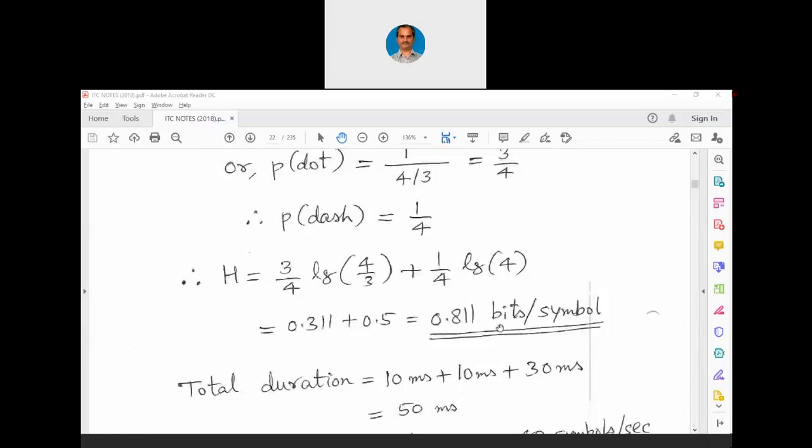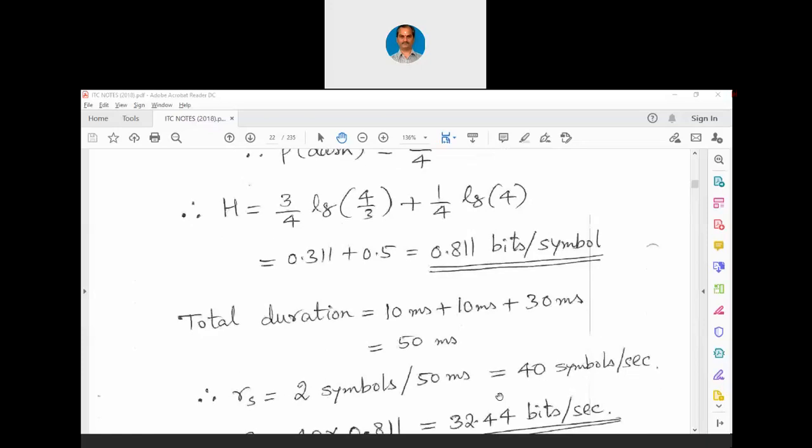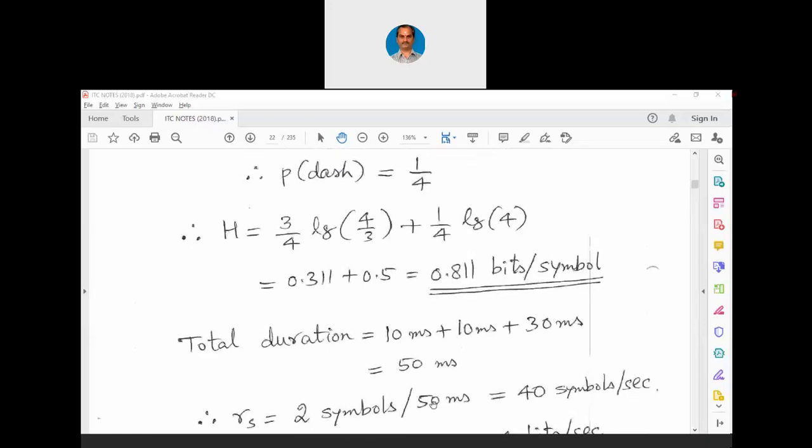So now 10 milli plus 10 milli plus 30 milli, totally 50 milliseconds for a given symbol or a given character, we should say. So now Rs is 2 symbols per 50 milliseconds. So the total duration is 50 milliseconds, where we are emitting dot and dash only. So Rs is 2 symbols per 50 milliseconds, assuming that between the characters there are no gaps. It is a continuous stream of dots and dashes and dots and dashes.